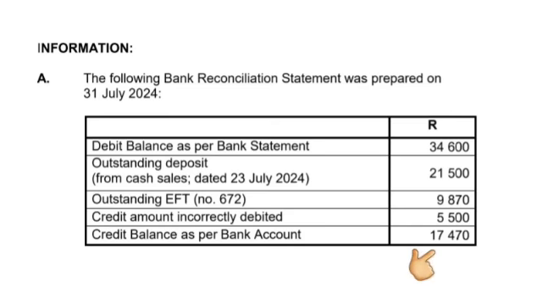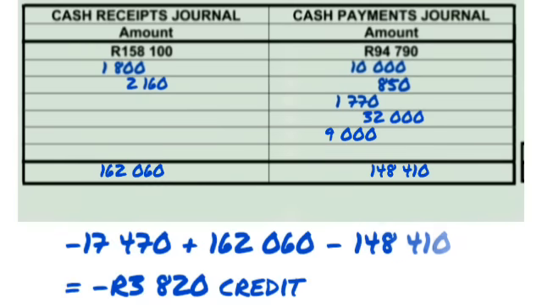It's going to be the last amount on the bank reconciliation of the previous month, because the closing of the previous month would be the opening for this month. That's 17,470. So we are going to start with it. It says it's on the credit, so it's going to be a minus 17,470.